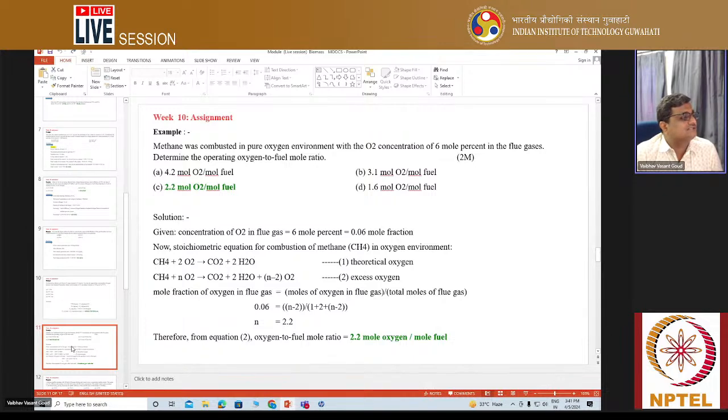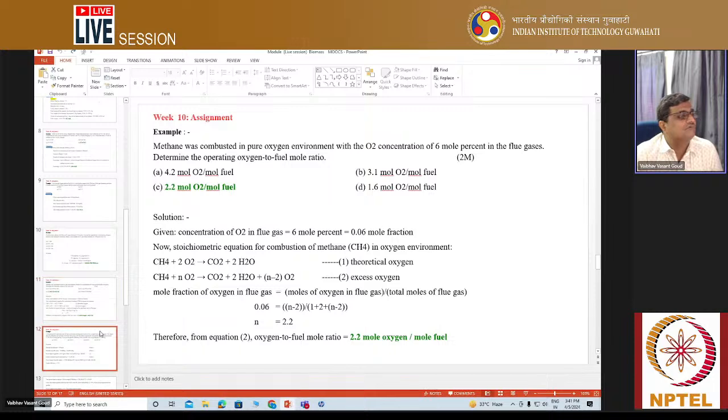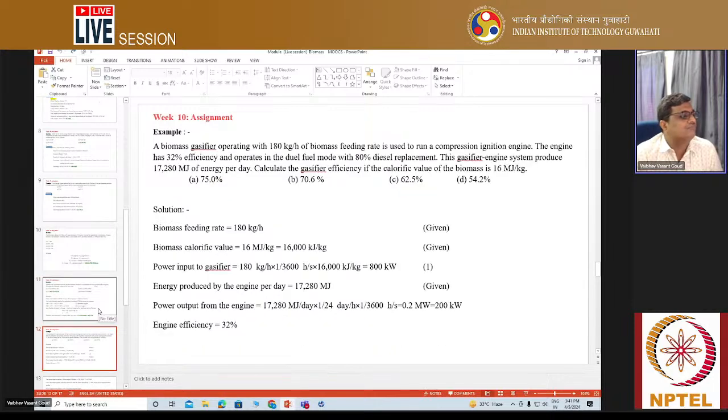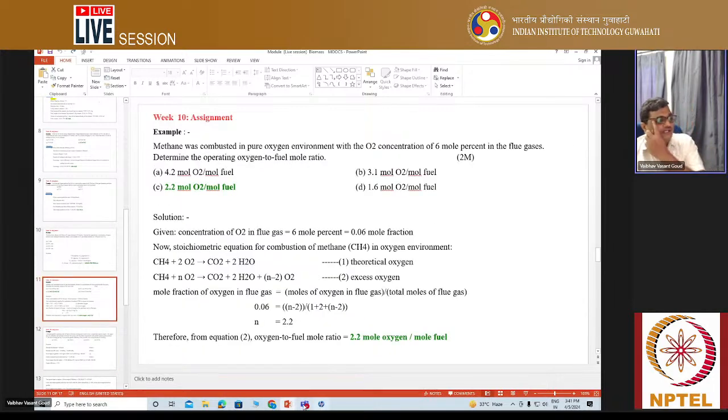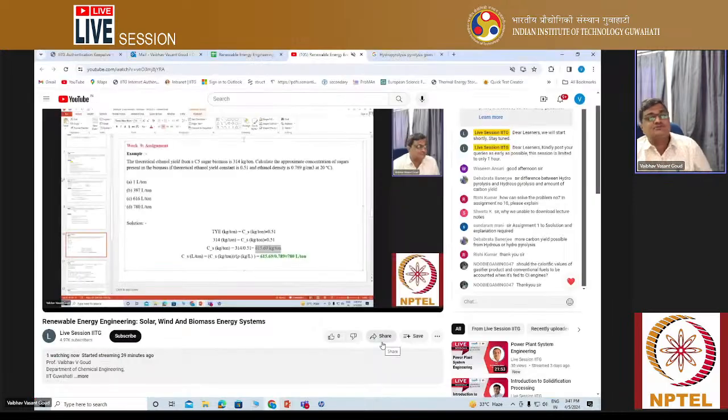So this is also one of the simple examples. And this assignment number 10 example, I guess I already discussed just a few minutes before. So I hope this clarifies most of your doubts regarding the assignment, and how to solve these assignment examples.